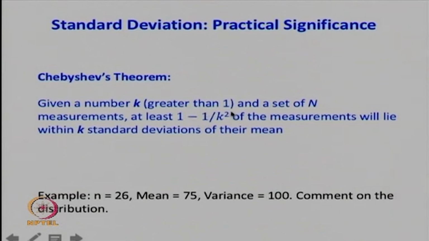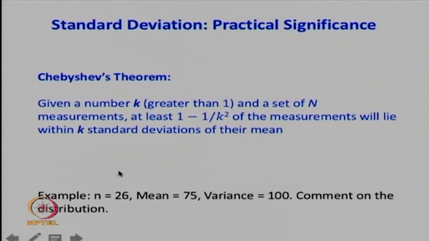So, if I substitute k equal to 2, that would become 1 minus 1/4, which is 75% of the measurements are expected to lie within one standard deviation of the mean, which means 75% of the data will lie between mu or x bar minus sigma and x bar plus sigma.